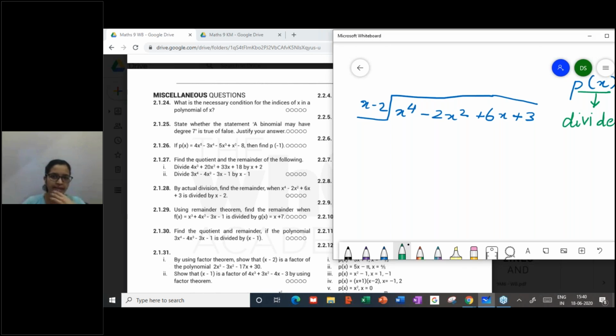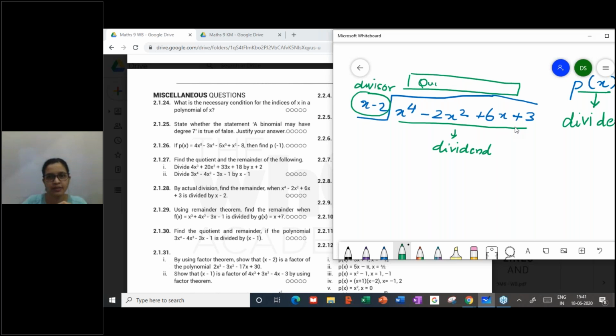In this case, this is your divisor, this is the dividend. The term which you will get here will be your quotient, and what you get after dividing, the term here, will be your remainder. Keep this in mind. This will be useful later on too.